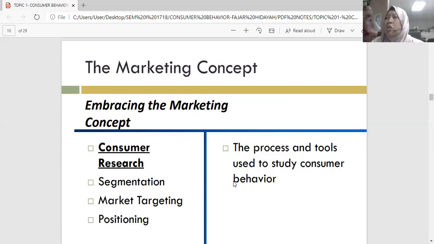Maybe also some tools they use to study consumer behavior. Maybe they use a very mini survey, and what they do is collect some opinion from the customer on new products, how they taste. Maybe it's too spicy, maybe it's too salty, or maybe it's too sour.